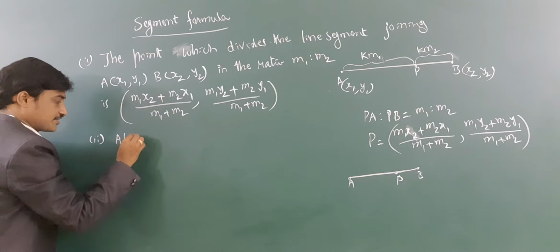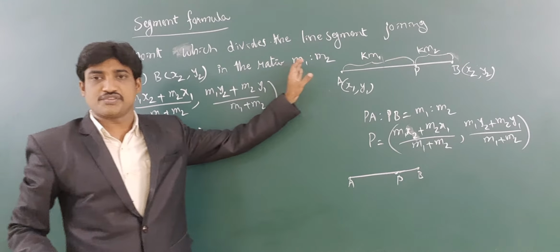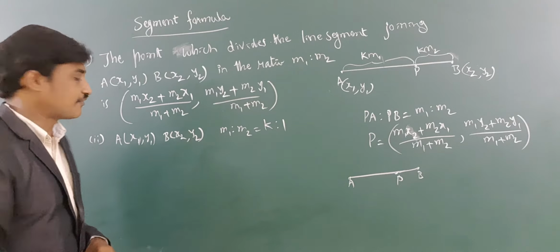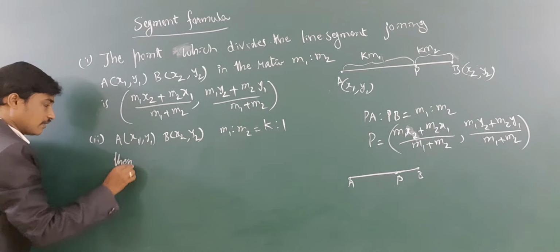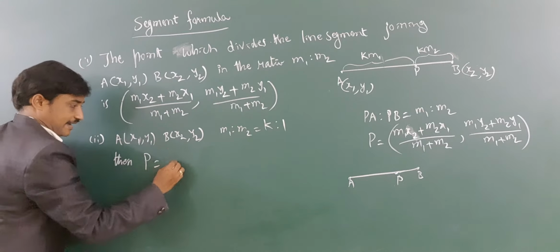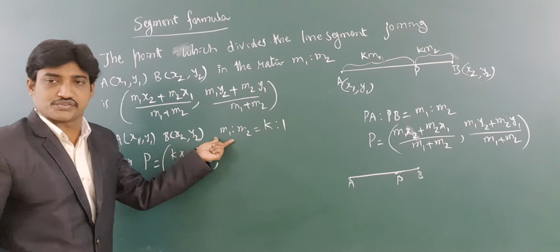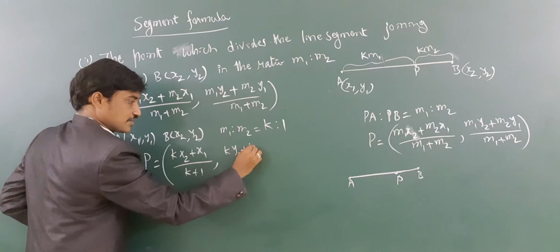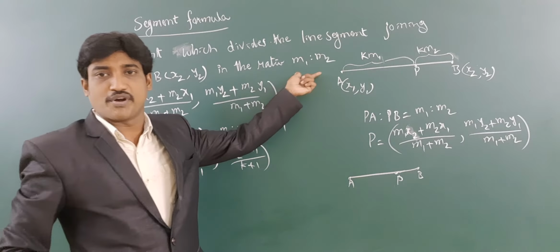If A is described with the ordered pair (x1, y1), B is (x2, y2), and the ratio m1 is to m2 is taken as k:1, then we can write the internally dividing point P as ((k x2 + x1)/(k + 1), (k y2 + y1)/(k + 1)).